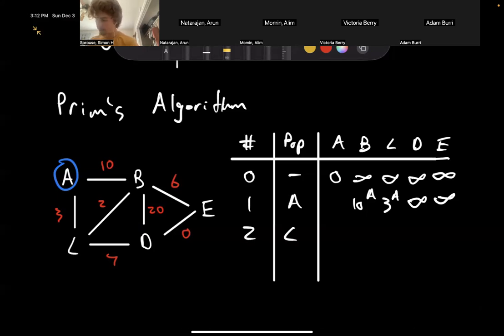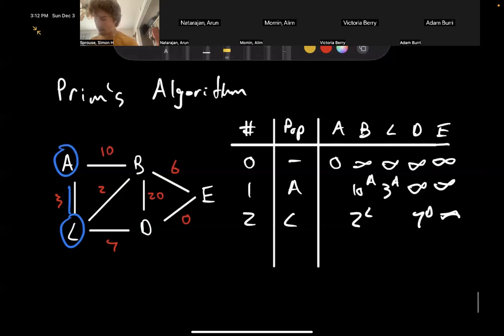Pop C, and that takes you here. C discovers B with the less expensive edge, so let's take note of that. C discovers D with an edge of 7, and E is still unfound. So we're going to pop B next.